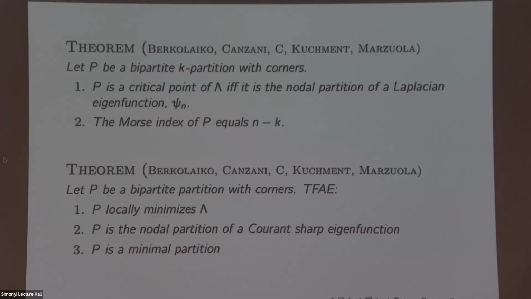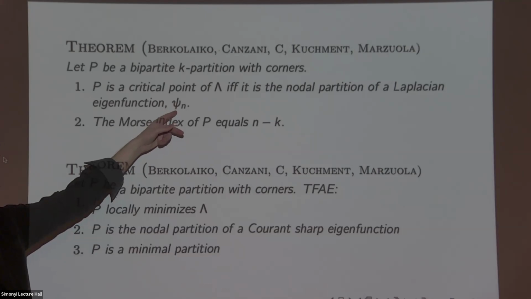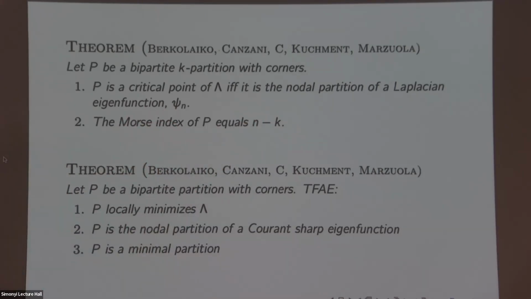Now, if you have such a critical partition, what is its Morse index? That's telling you whether you have a minimum, a saddle point, or whatever. It's equal to n minus k. Here n is the index, or position, of the eigenfunction that generates this partition, and k is equal to the number of nodal domains. So remember, by Courant's theorem, which I wrote on the board over there, n minus k is always greater than or equal to 0.